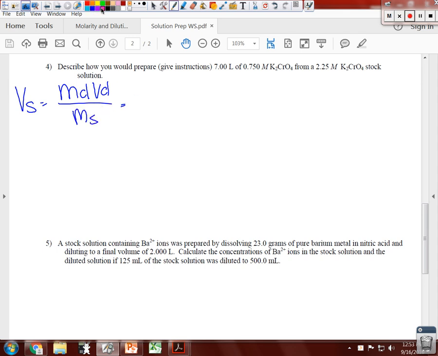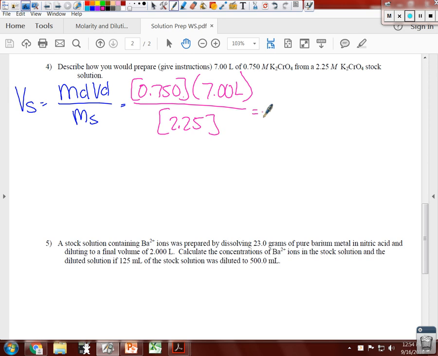So that tells me that I've got 0.750 times 7.00 liters, all divided by the stock concentration, which is 2.25. Now, I am going to kind of need your help as far as working this out.